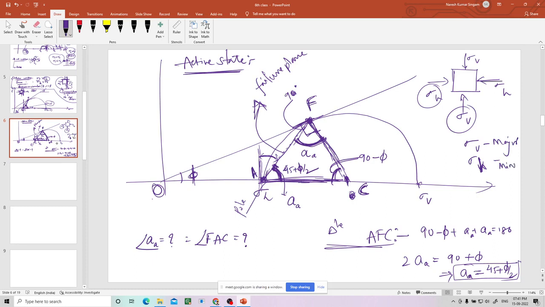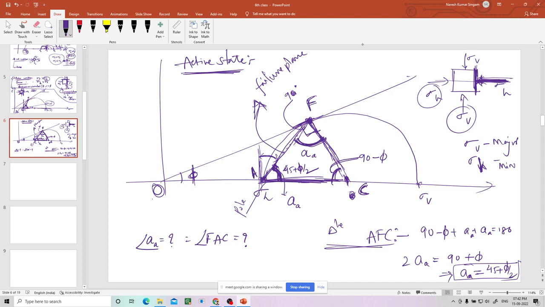So now, what is the sigma H direction? Horizontal or vertical? Horizontal direction, right? That means in the active state the failure plane is making 45 plus phi by 2 angle with horizontal, that means with the minor principal stress direction. This is the minor principal plane, but this is the minor principal stress direction.